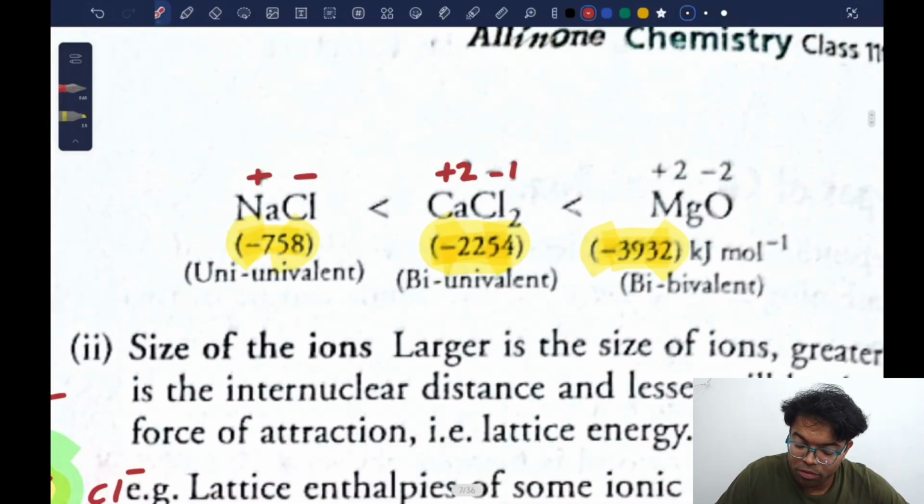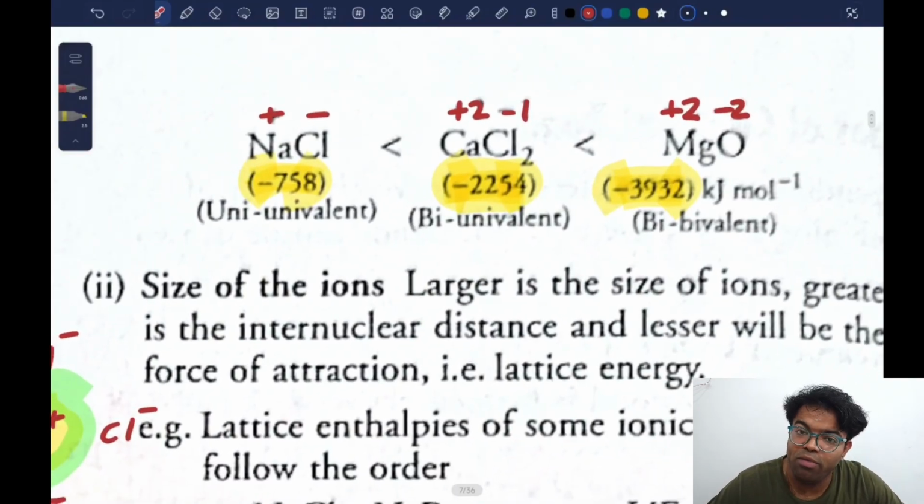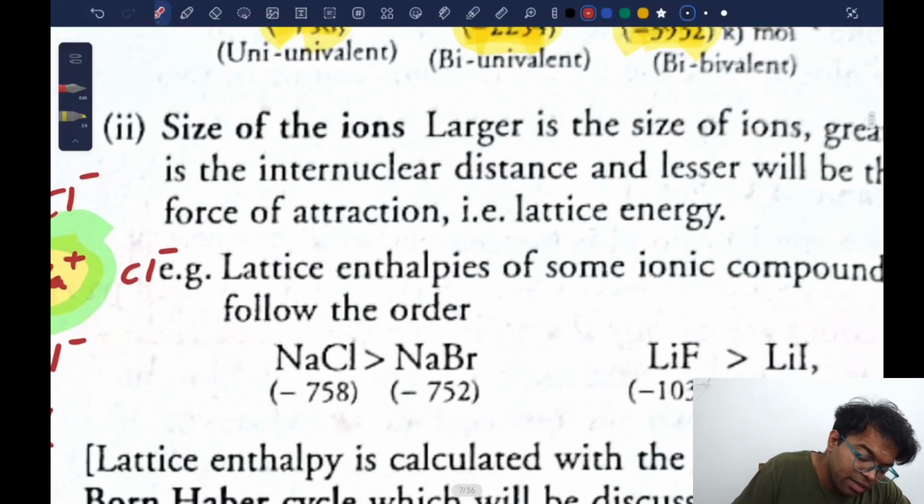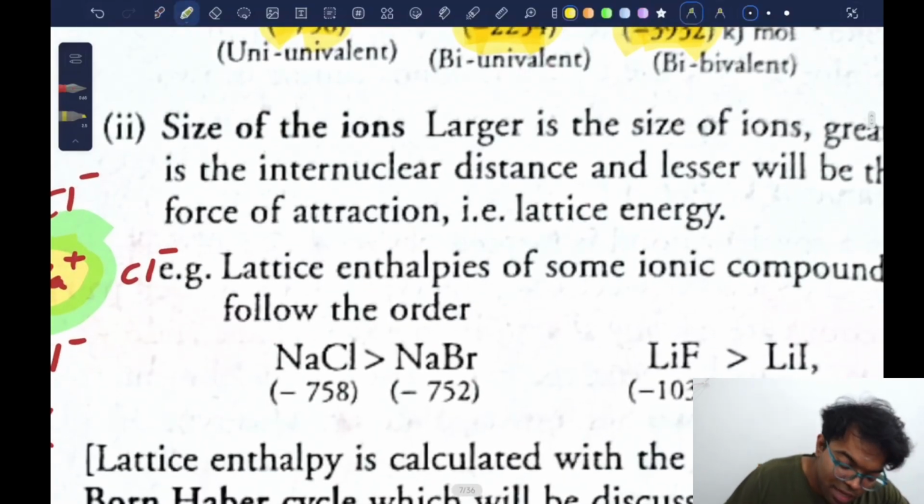But in magnesium oxide, they are +2 and -2. So they are bivalent, and because of their bivalency, their energy release is very large compared to that of sodium chloride.